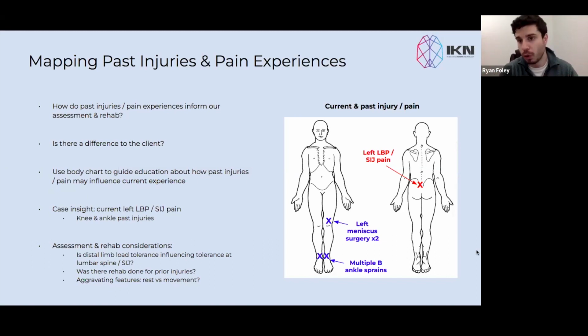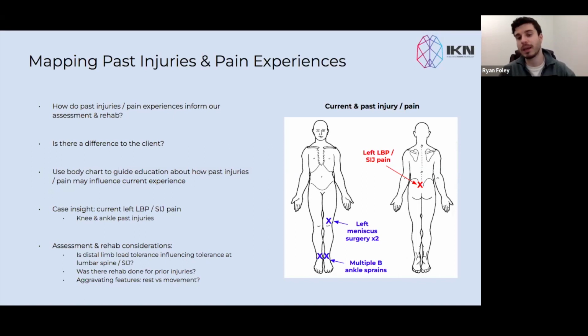Okay, so we'll talk about that across the course of this video, but how that would be different to the education that we would give them from a temporal standpoint would revolve around considering the time at which the individual sustained previous injuries.